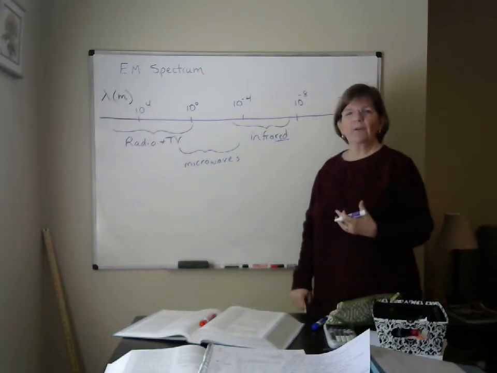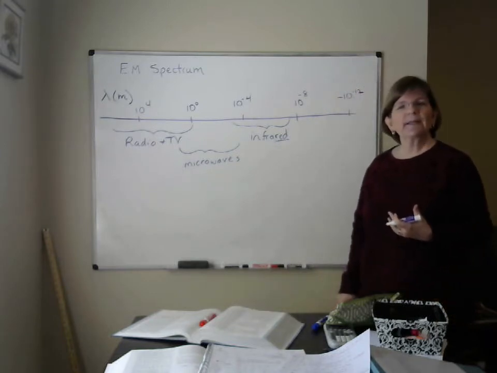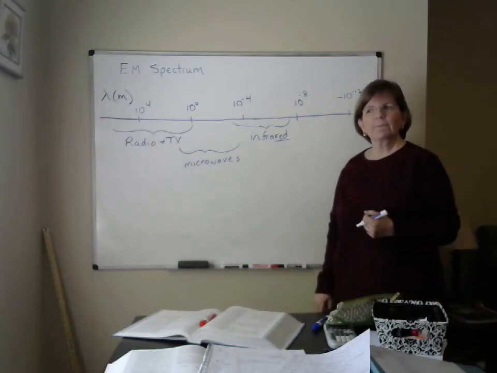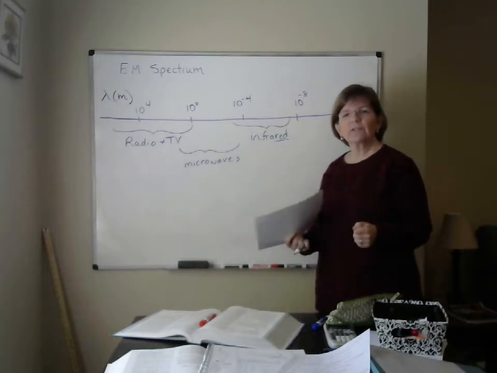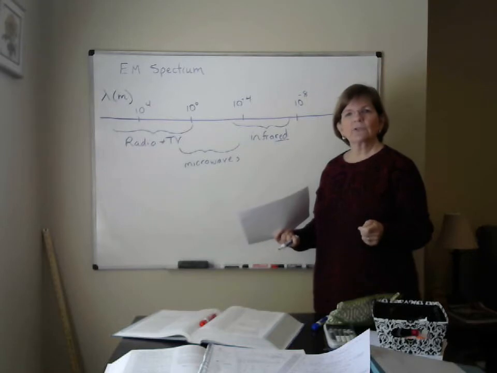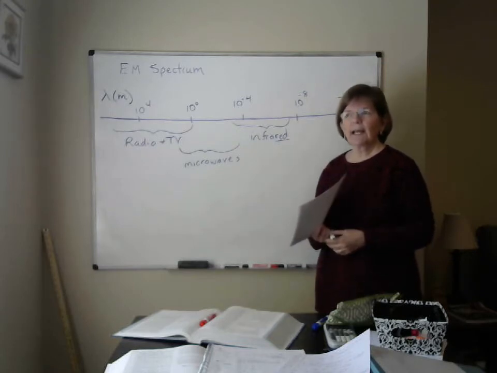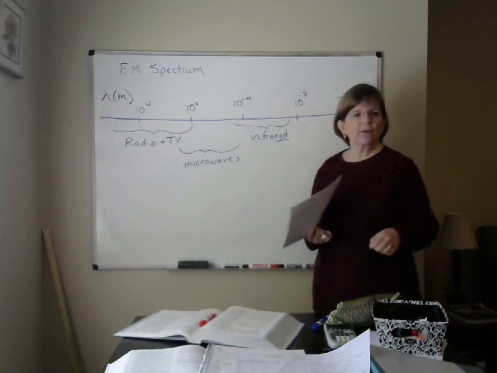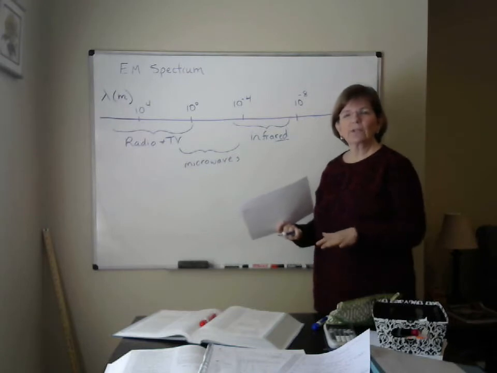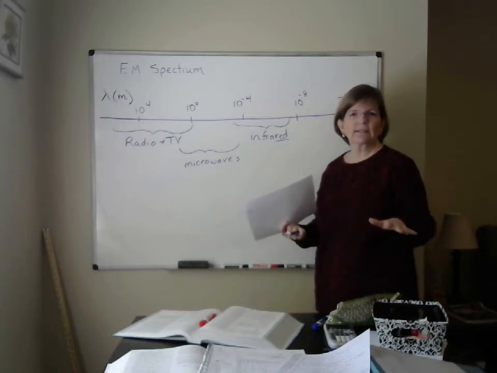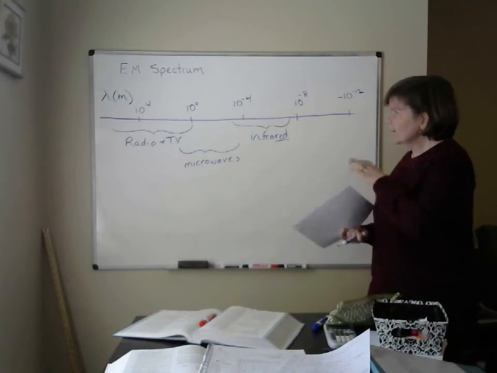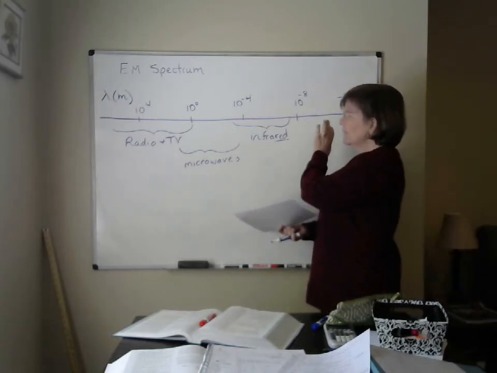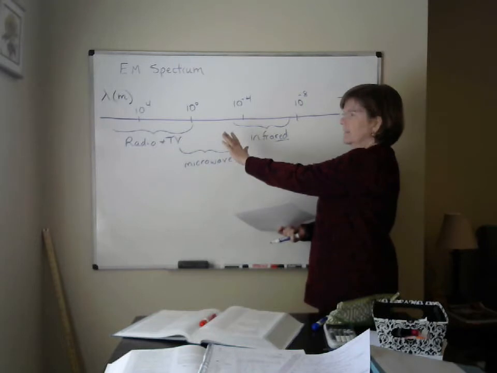Another use you may not realize, but probably you've used quite a bit, is if you have a remote control, like for your stereo or your television, remote control signals use infrared radiation. And so do all those radio-controlled toys. Your little radio-controlled cars and trucks and things use infrared. All of these have what we consider long wavelengths.